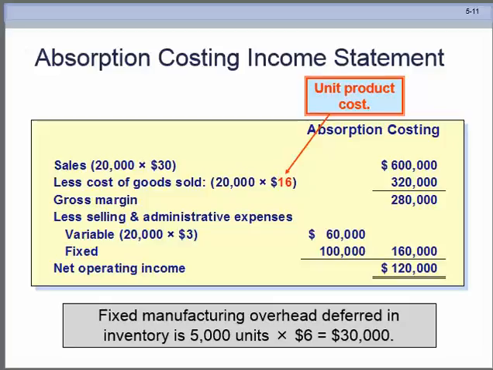Under absorption costing, the recognition of fixed costs as an expense is really timing. When the items are sold, the fixed cost will be reflected on the income statement as part of the cost of goods sold.